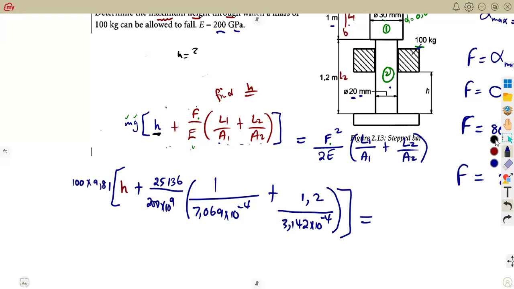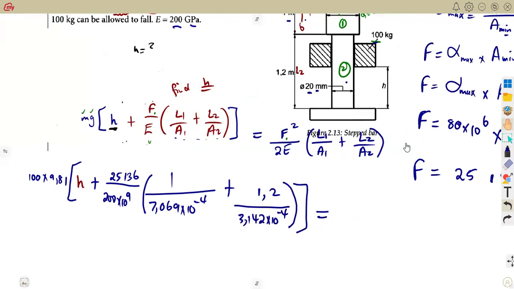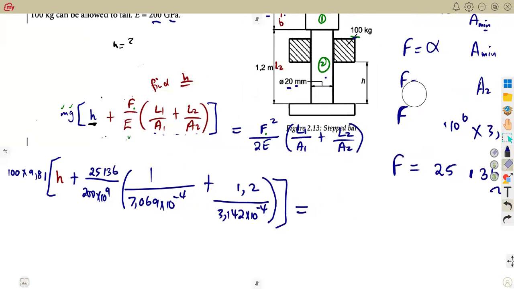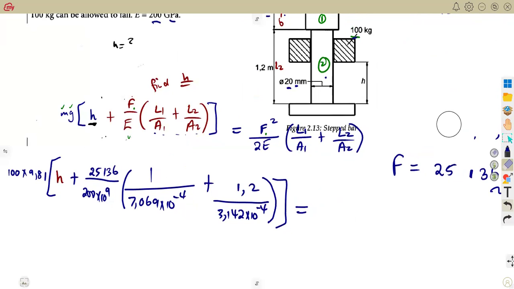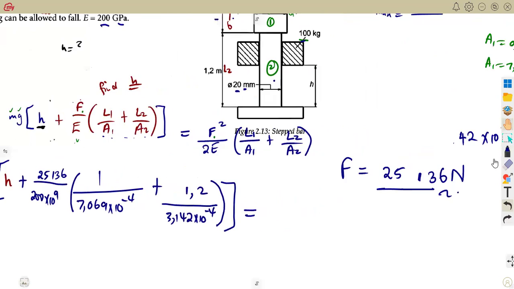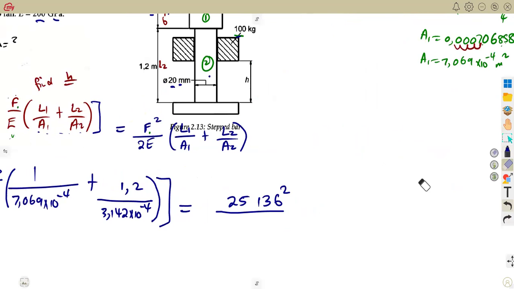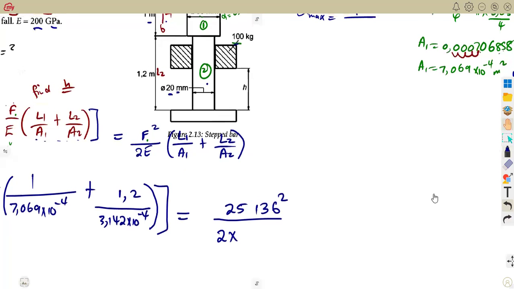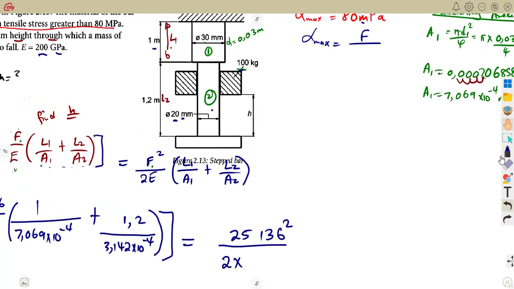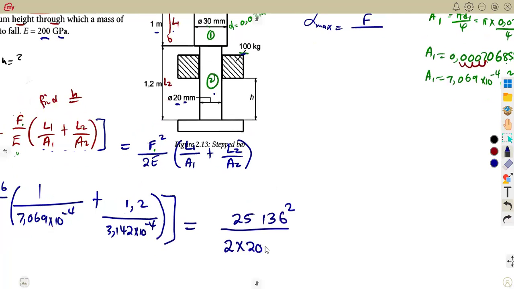This is supposed to be equal to what we have there on the right-hand side. And what is it that we have on the right-hand side? On the right-hand side, we've got F squared, which is the force that we calculated. So that is 25,136 squared over what? Over 2E. So you substitute the force, F squared over 2E, 2 times E. Remember, our E, guys, 200 gigapascal, 200 times 10 to the exponent of 9.